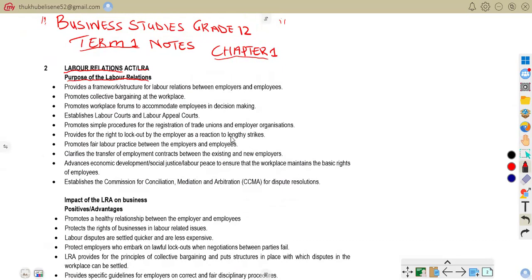As it says, it provides a framework structure for labor relations between employers and employees.